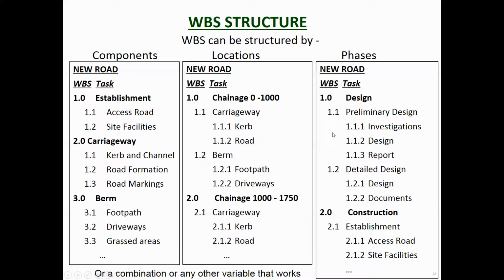So the work breakdown structure is very flexible, but the idea of the whole thing is that at the end of the day you end up with all these small, or relatively small, manageable work packages that are easy to manage. And that's what the work breakdown structure is all about. It's one of the most important parts of project management.